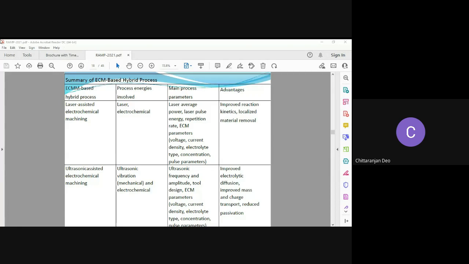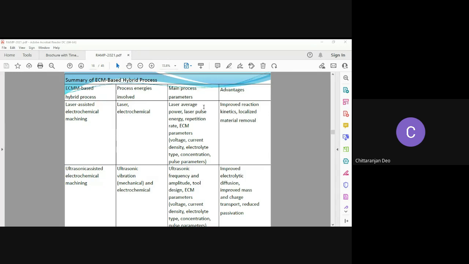The main process parameters are laser average power, laser pulse energy, repetition rate, where ECM parameters are voltage, current density, electrolyte type, concentration, and pulse parameter. The advantages are improved reaction kinetics and localized material removal that can be done by this laser assisted electrochemical machining.